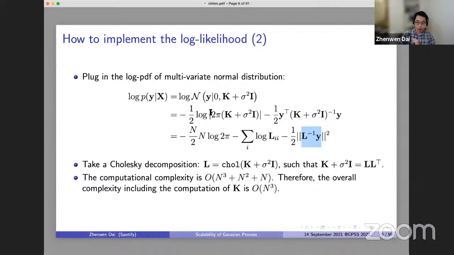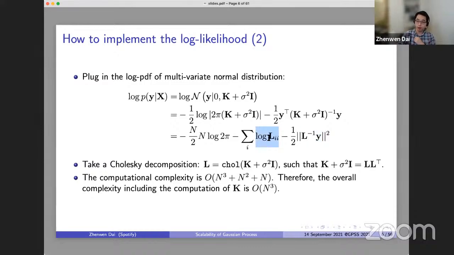And for the first term, if we plug L L transpose into the determinant and follow some determinant rules, it becomes determinant of L times determinant of L. Because L is a lower triangular matrix, the determinant of L is the product of the diagonal entries.